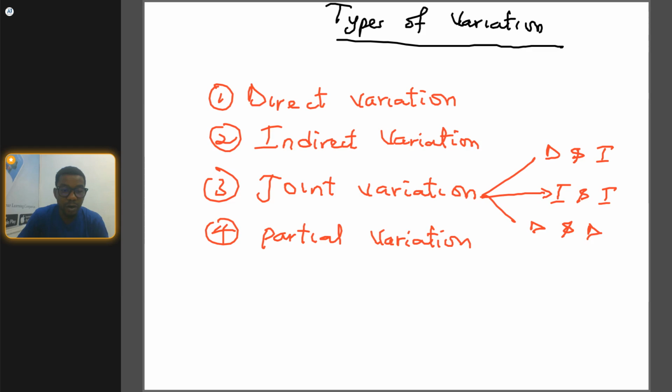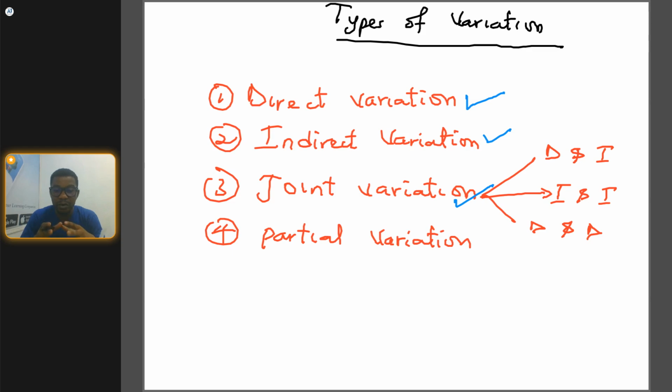For the sake of the preparation for UTME, we are going to focus on direct variation, indirect variation, and joint variation, because these are the three aspects that UTME focuses on based on the topic variation.